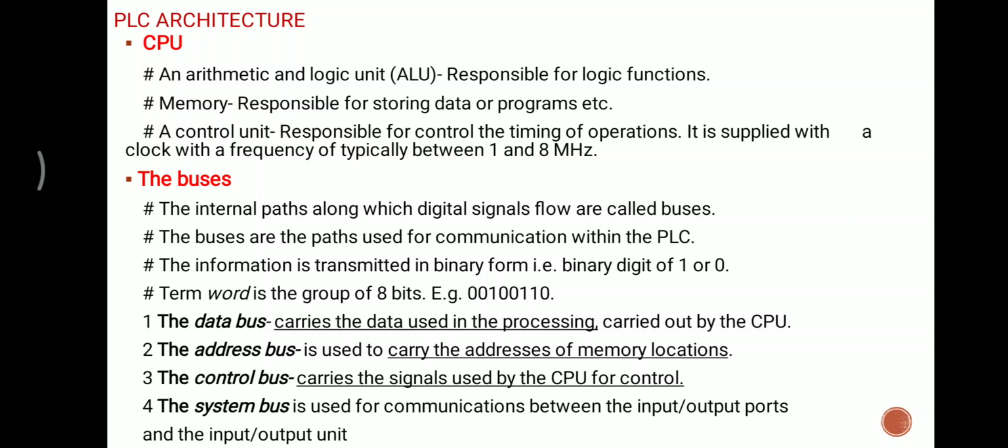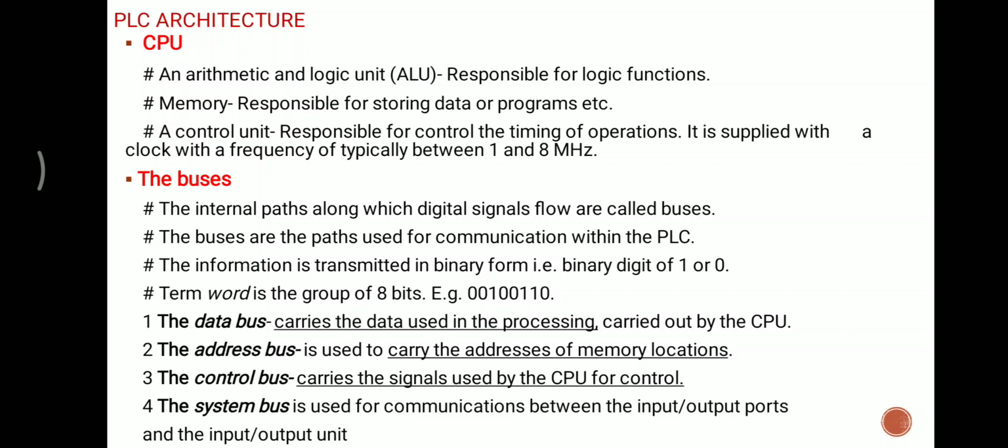Another element of the PLC architecture is buses. You might have seen the buses in the diagram. Whatever data is passing within the PLC passes in terms of digital or electrical signals, and the element through which signals pass is the bus. So the buses are a path used for communication within the PLC.